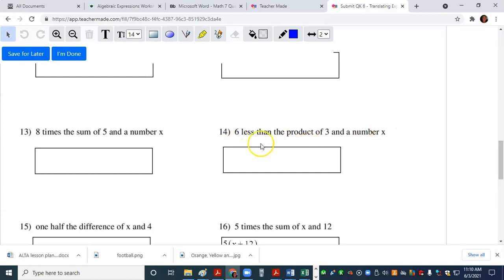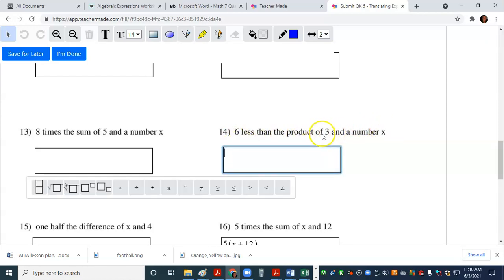So the proper way to write this one is, again, multiplying, we just put letters right up against the numbers. So 3 times x is 3x, but then I want to do 6 less than, so that's going to be minus 6 comes afterwards.